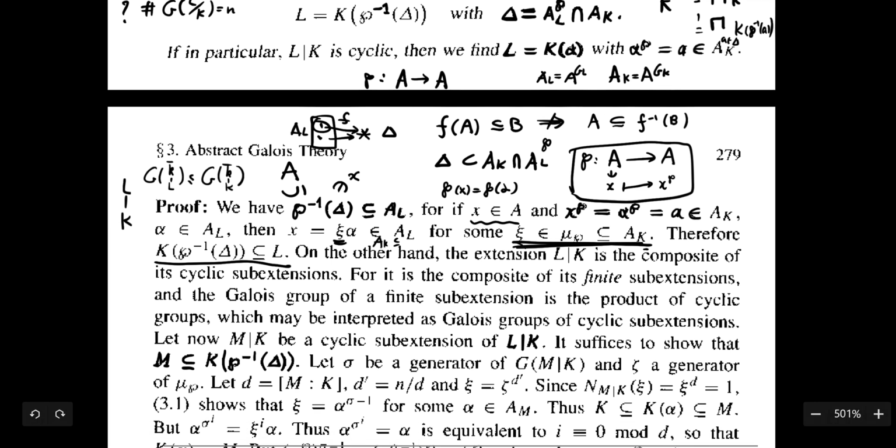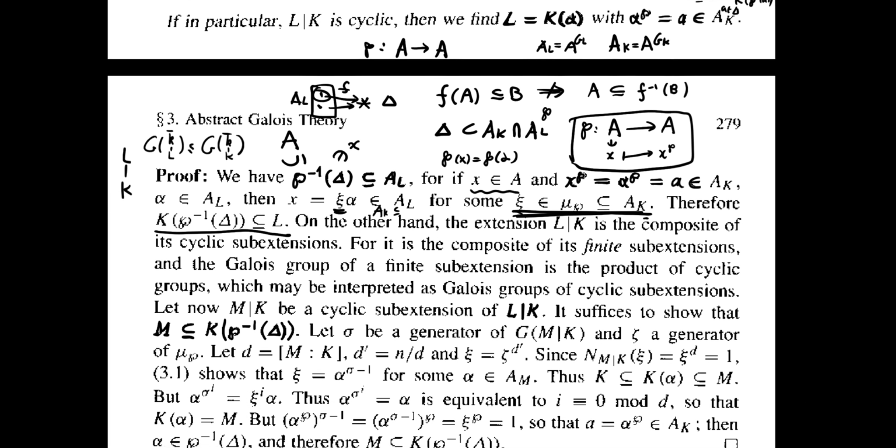On the other hand, the extension over K is the composite of cyclic subextensions, for it is the composite of its finite subextensions. Why is it true?